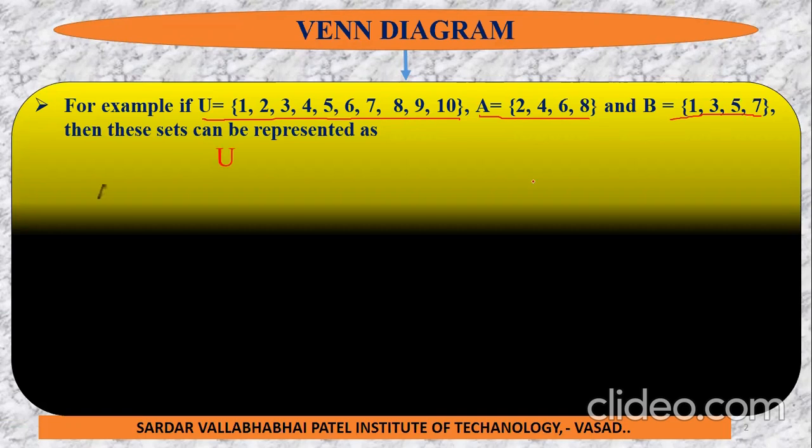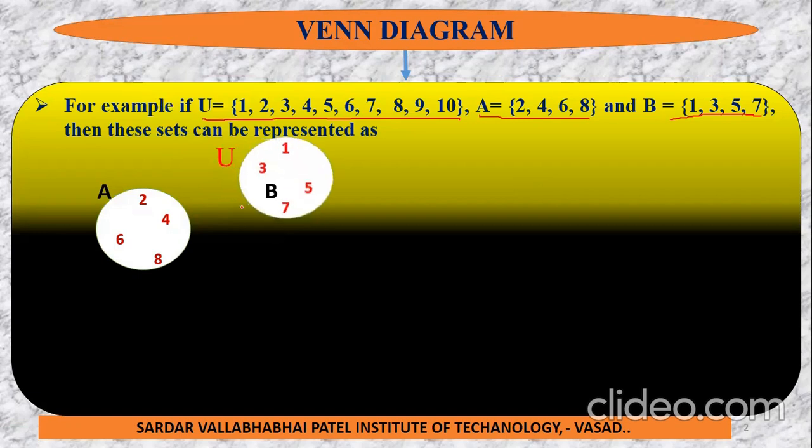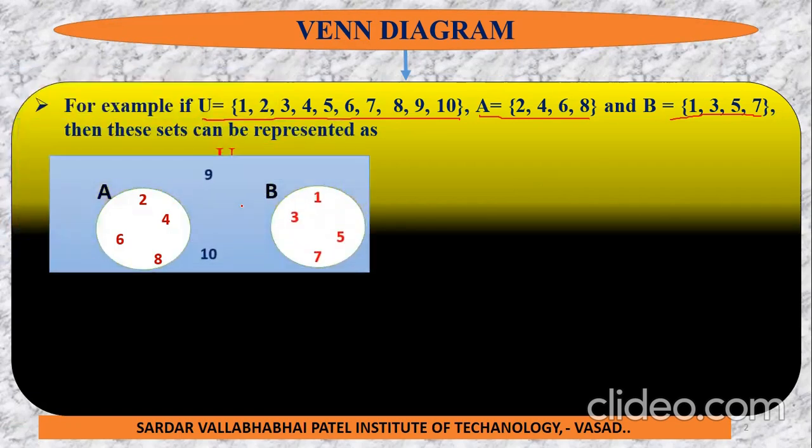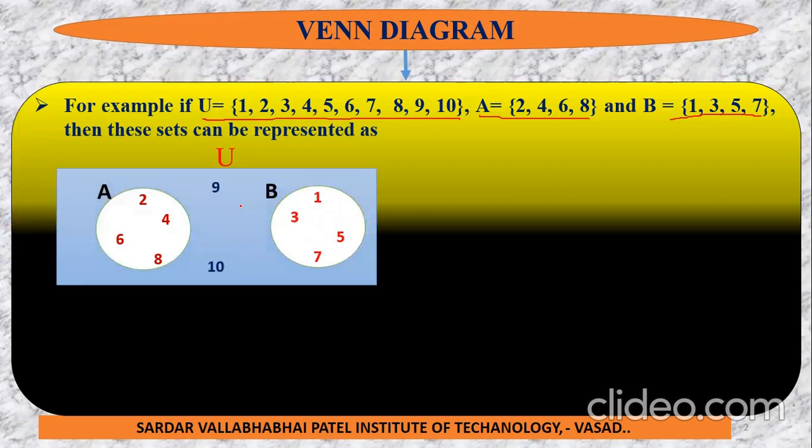Obviously U is the universal set. Now capital A is the set 2, 4, 6, 8. We write it in a circle. Another set is B, 1, 3, 5, 7, and the universal set U is the whole 1, 2, 3, 4, 5, 6, 7, 8, 9 and 10.